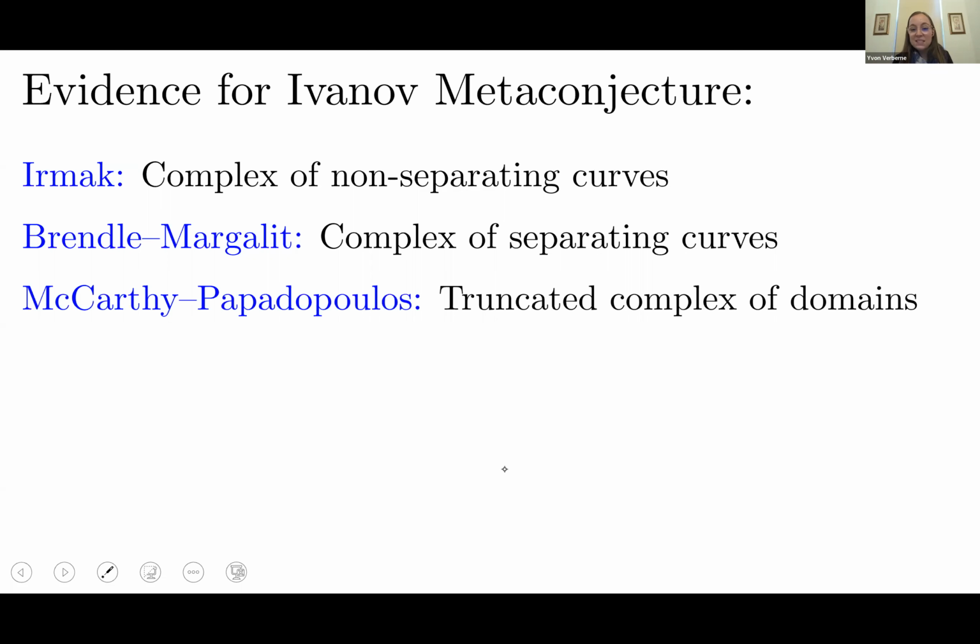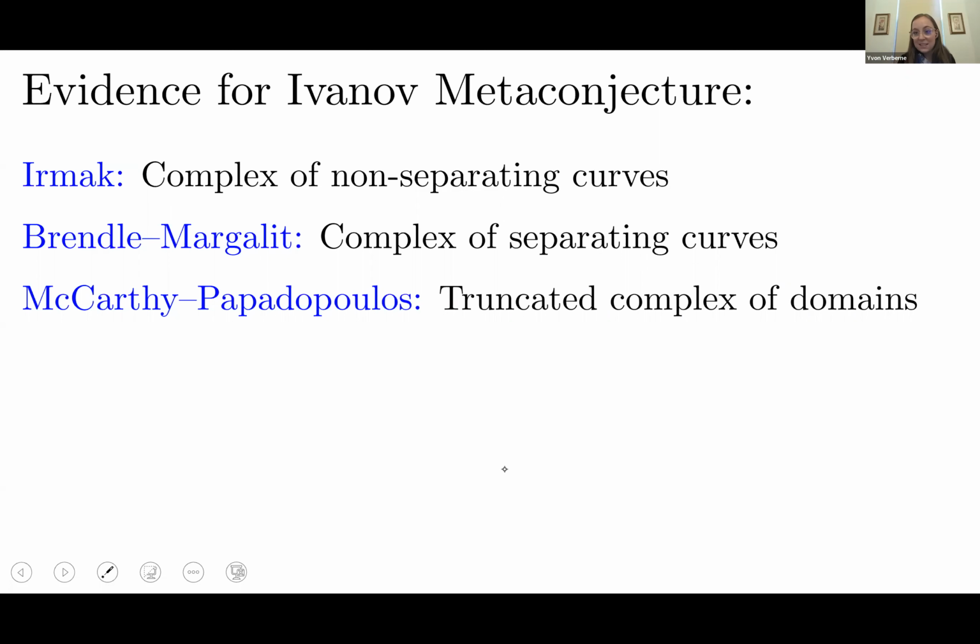McCarthy and Papadopoulos studied the truncated complex of domains. The truncated complex of domains has the vertices being isotopy classes of domains, where a domain is a subsurface of our original surface. What you want is that none of the subsurfaces correspond to pairs of pants where two of the boundary components of the pair of pants are boundaries of your original surface.